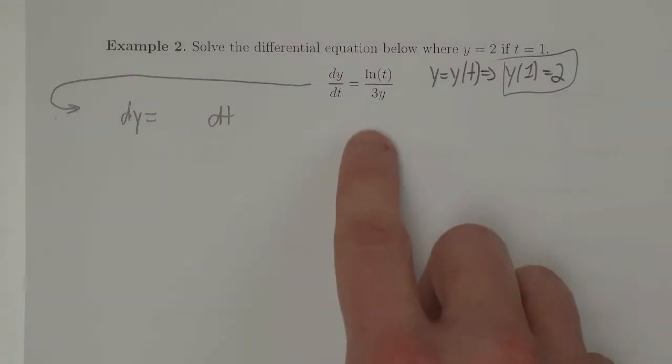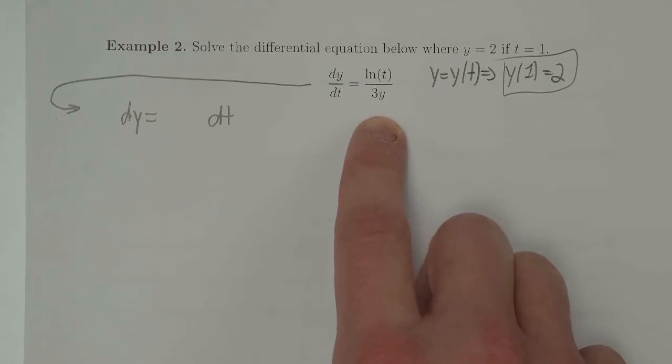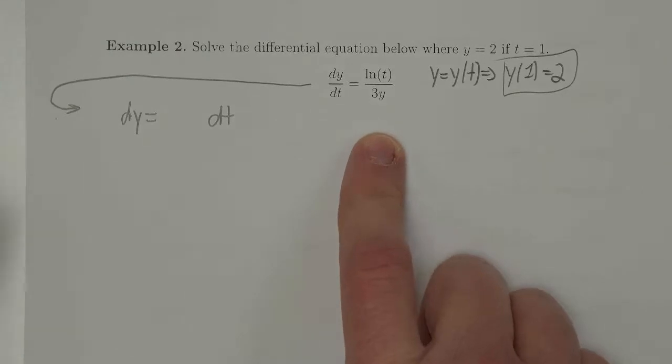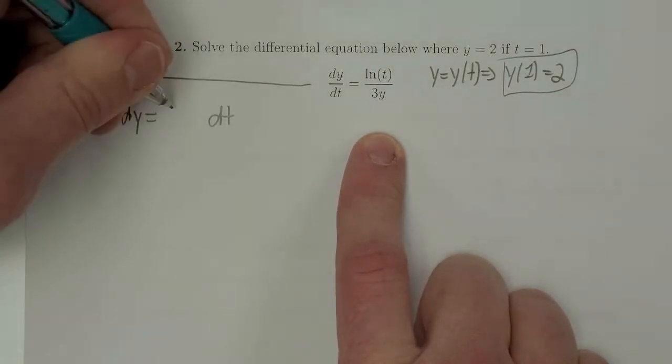What would you multiply by, so how would you get y over to the other side here? Wouldn't you end up with 3y dy equals natural log of t dt? Yep, 3y dy equals natural log of t dt.